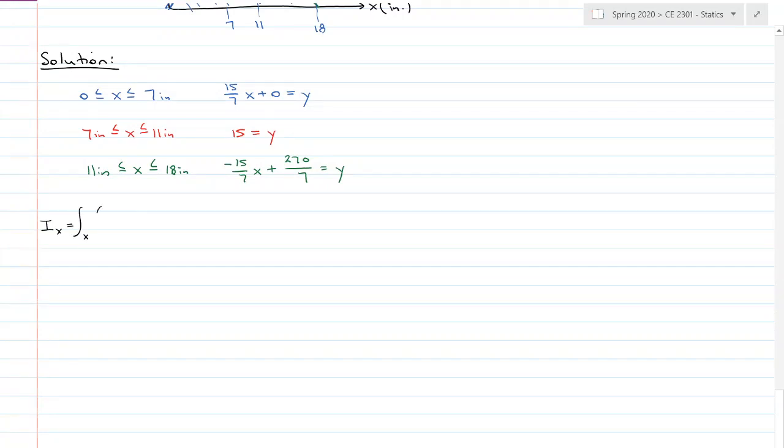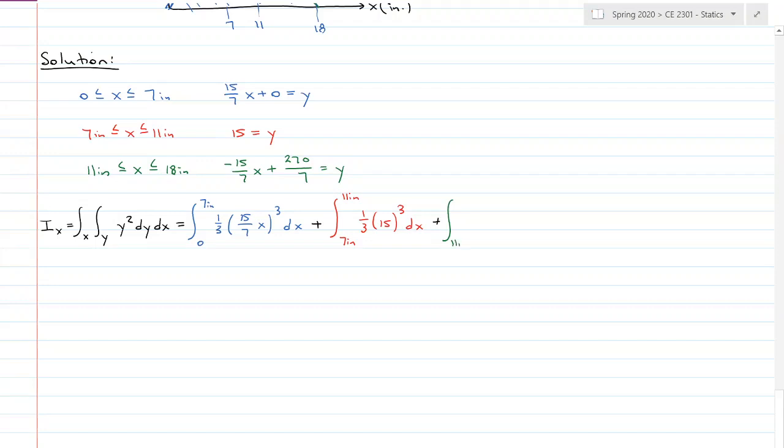Ix is going to be, x is going to be on the outside, y squared dy dx, which is going to equal, in our color coordination, the integral from 0 to 7 inches of 1/3 15 over 7x cubed dx plus, red, the integral from 7 inches to 11 inches, 1/3 of 15 cubed dx plus, in green, the integral from 11 inches to 18 inches of 1/3 negative 15 over 7x plus 270 over 7 cubed dx.